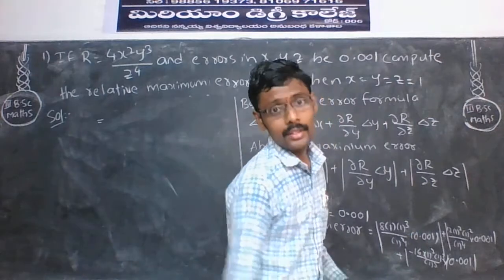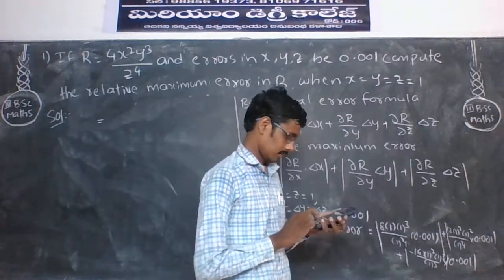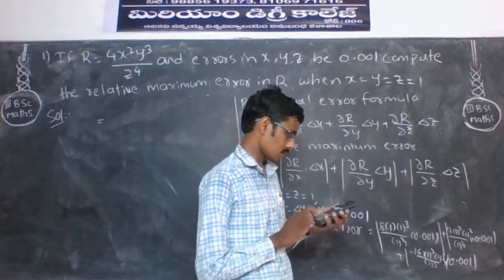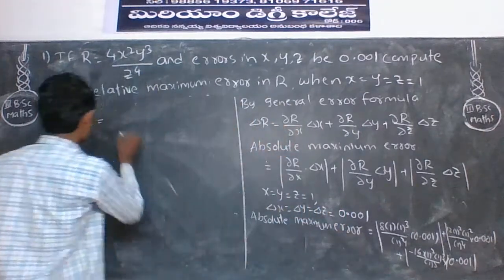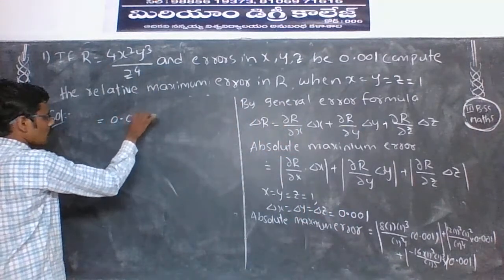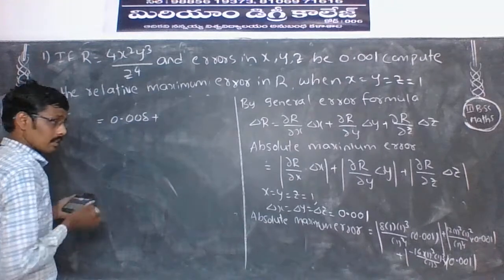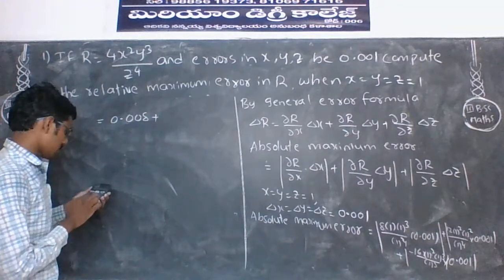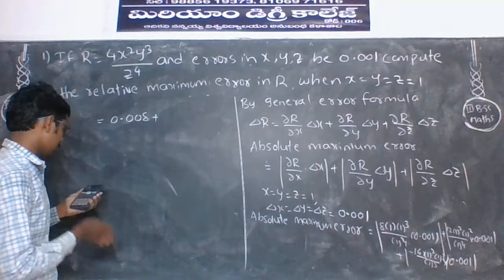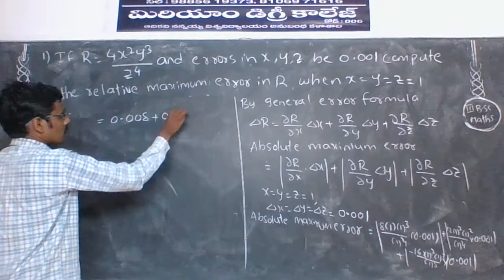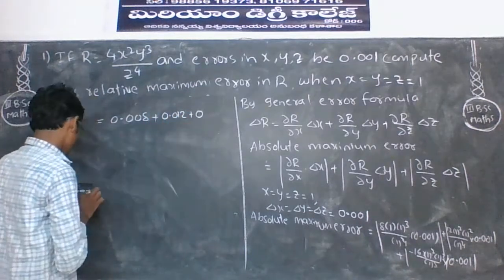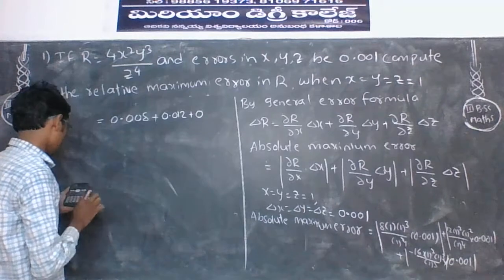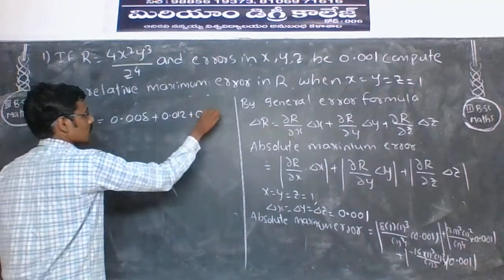Using the scientific calculator, 8 into 0.001 is equal to 0.008, plus 12 into 0.001 is 0.012, plus 16 into 0.001 is 0.016.